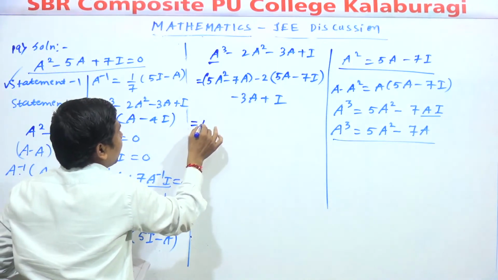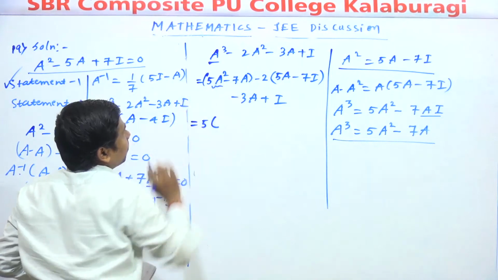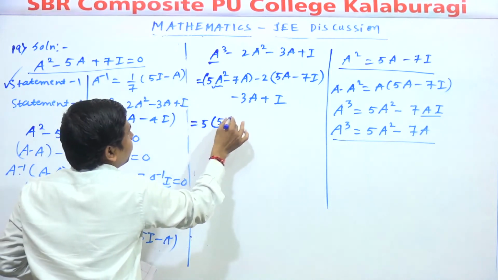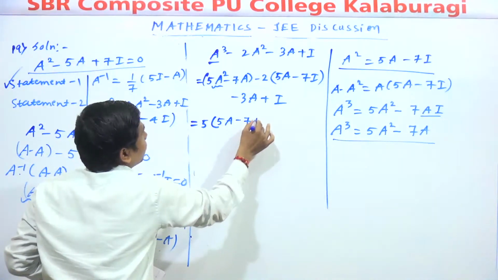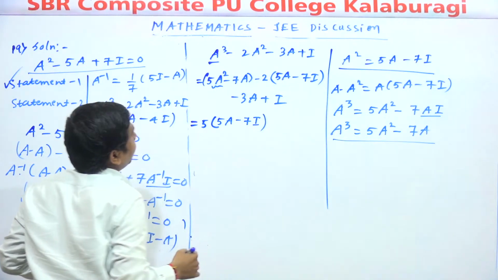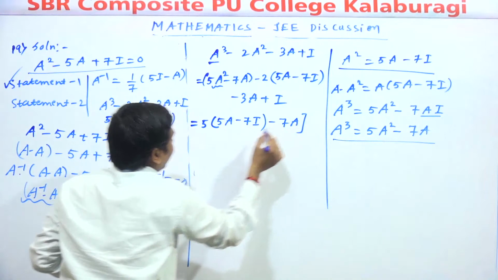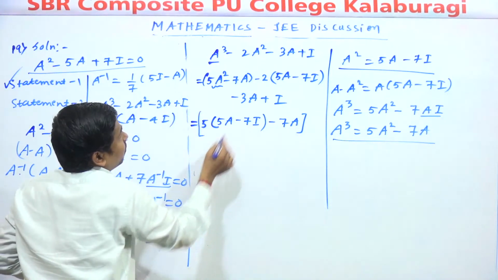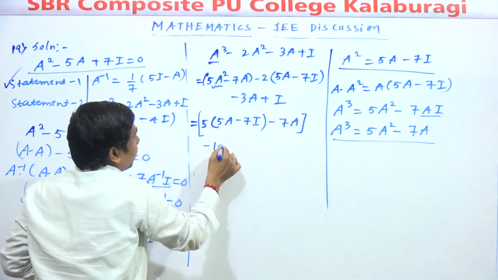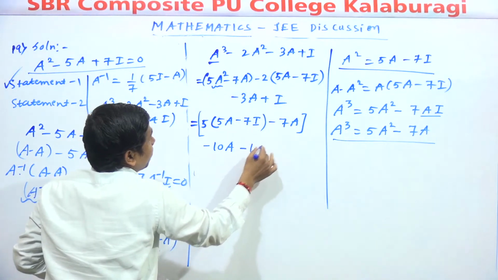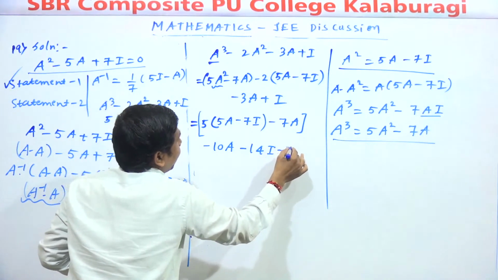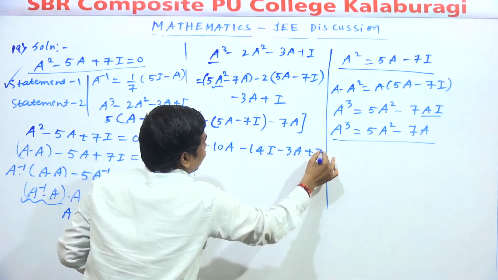Again I can replace this a square value. What is a square? 5a minus 7i. So 5 into 5a minus 7i minus 7a, right? Minus 7a, and we'll multiply inside. 5 twos are 10a, 7 twos are 14i, minus 3a plus i.